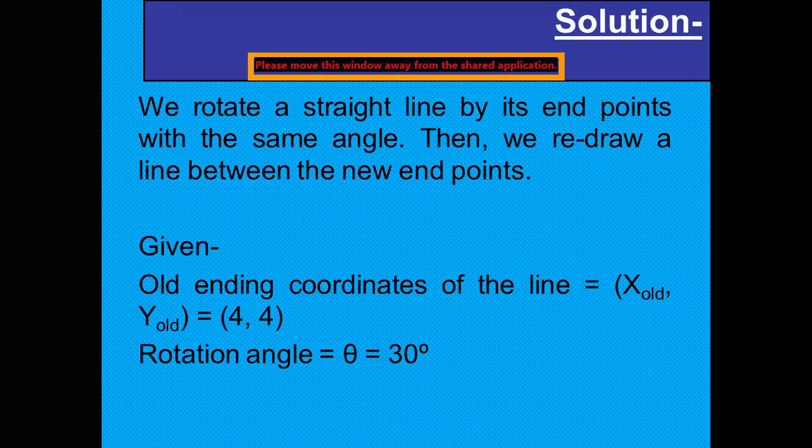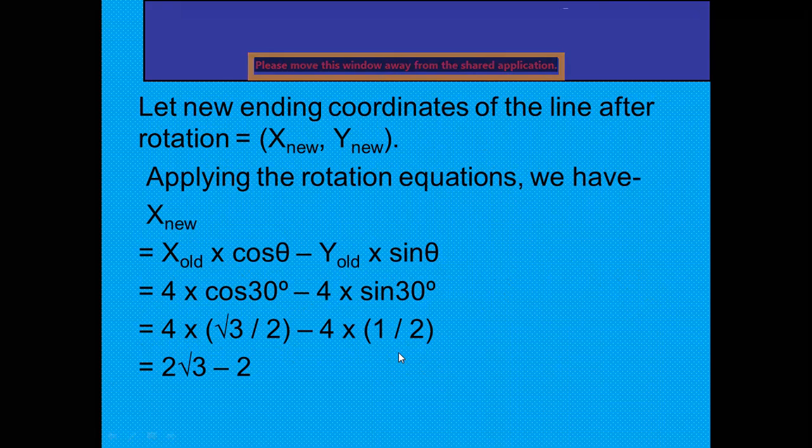The 30 is mentioned in the problem. Now put in the values of cos 30 and sin 30, and then you can calculate the value of x new.